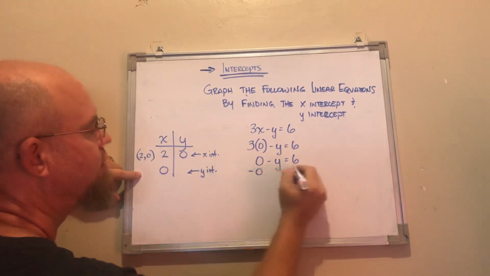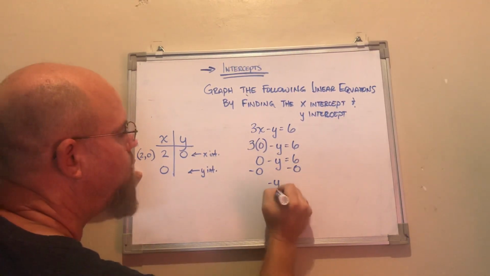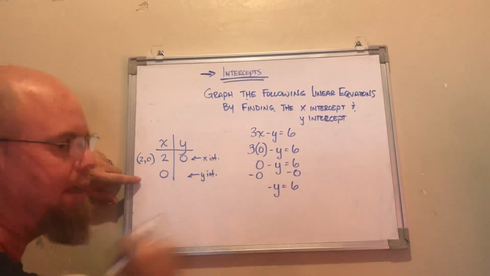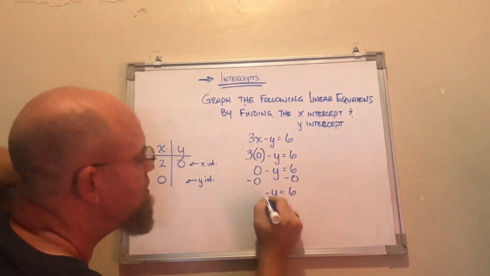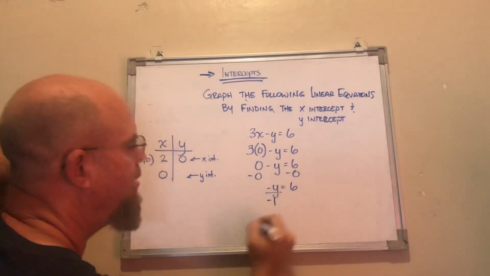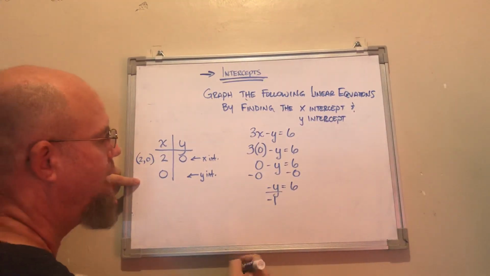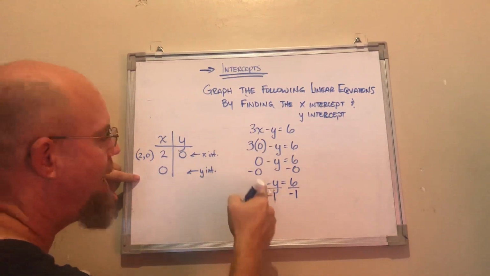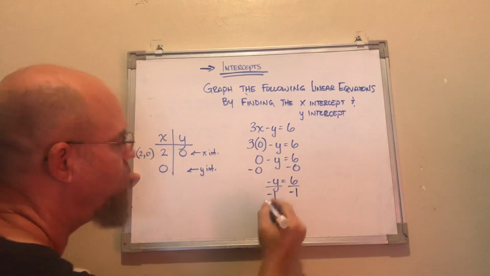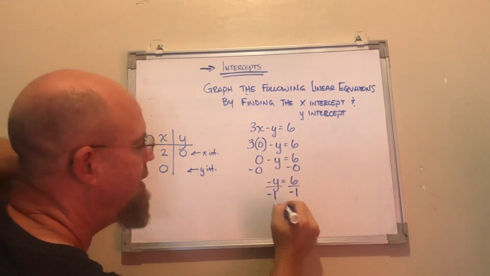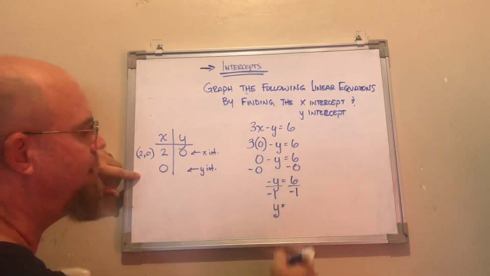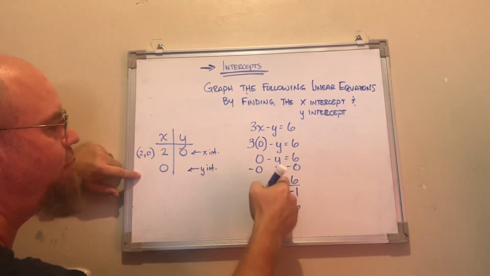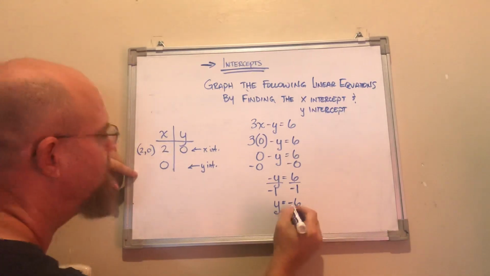Okay, I'll subtract 0 from both sides. So I have negative y equals 6. But what I want is y, not a negative y. So I will have to divide by -1 to turn that into a positive y. So negative y over -1 is y, and 6 over -1 is -6, because when you divide a negative and a positive, you get a negative.